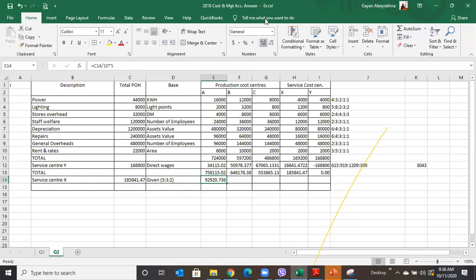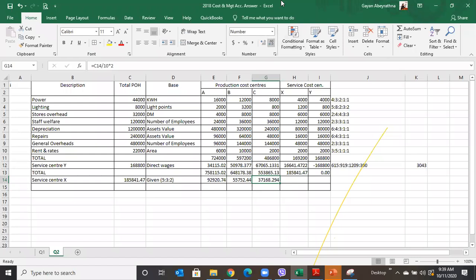Let's reduce decimals. Then here this one divided by 10 into 3. Equals this one divided by 10 into 2.